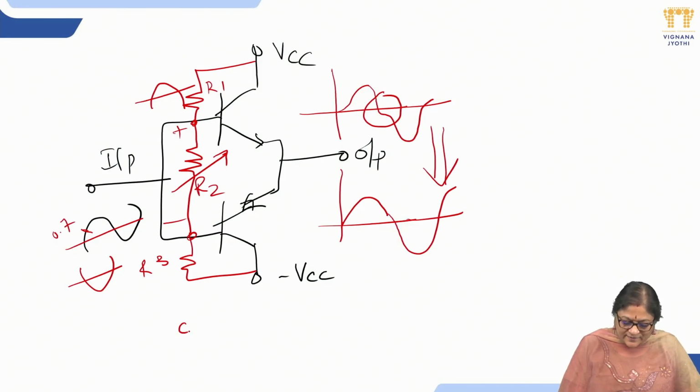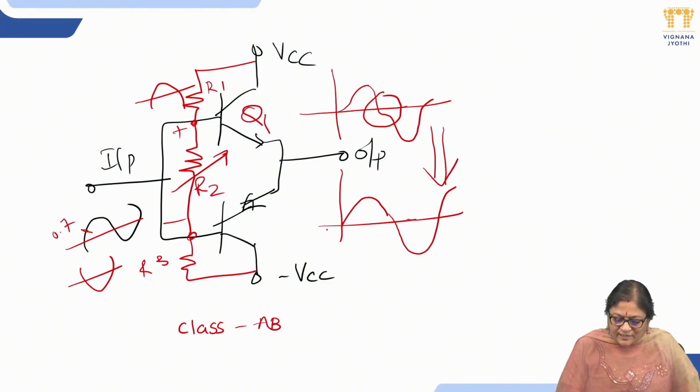Then this amplifier is known as class AB. That is, your transistor Q1 is conducting before also, it is starting before itself, and Q2 also is starting before itself. If you combine these two, then crossover distortion will be avoided.